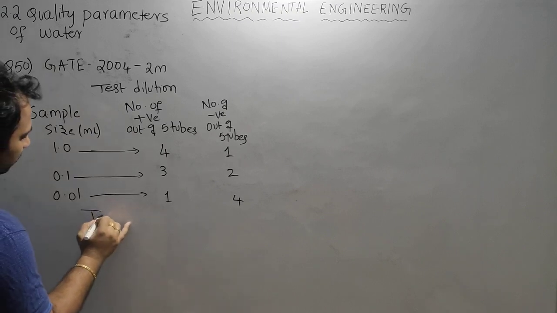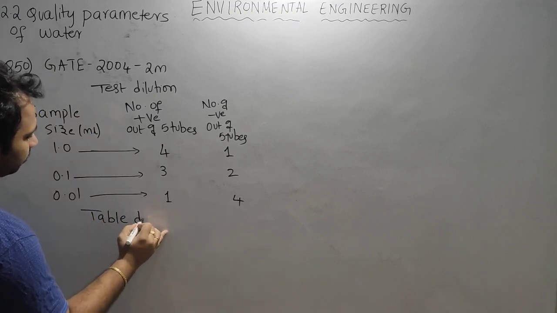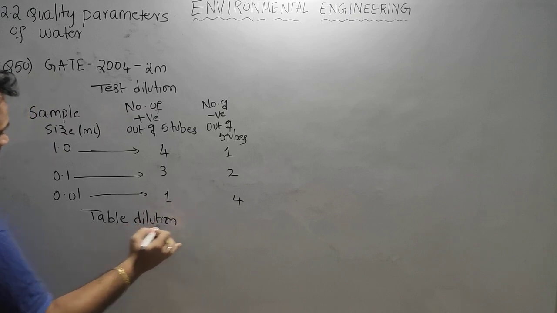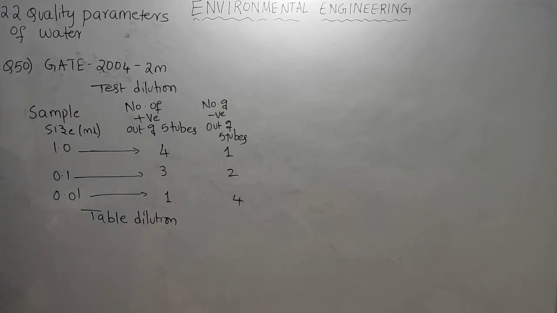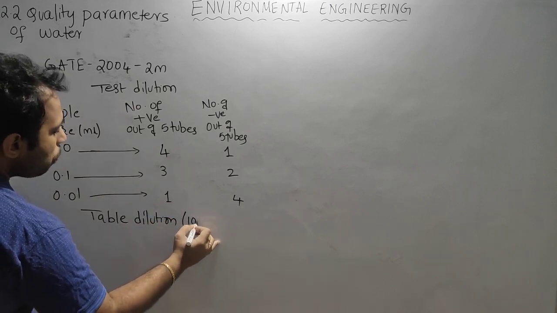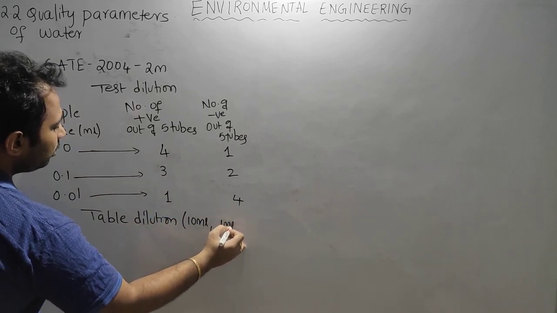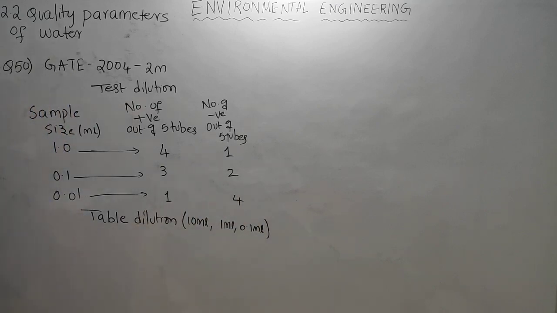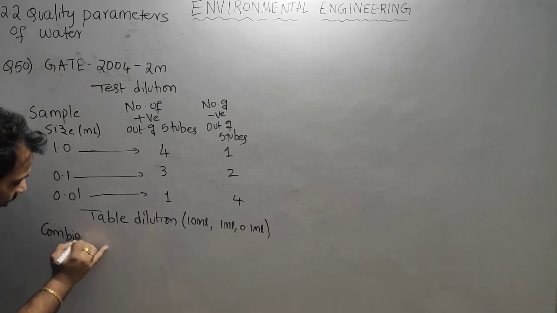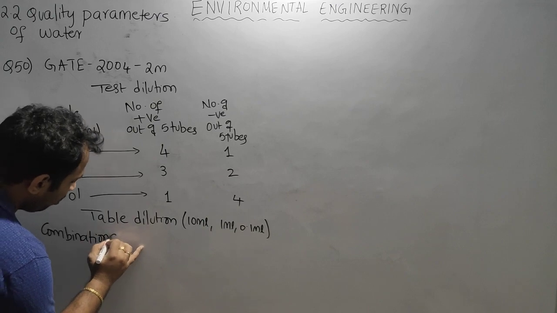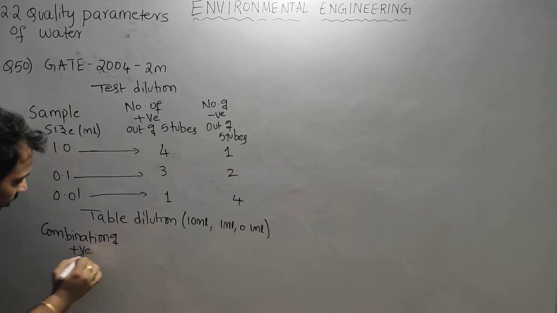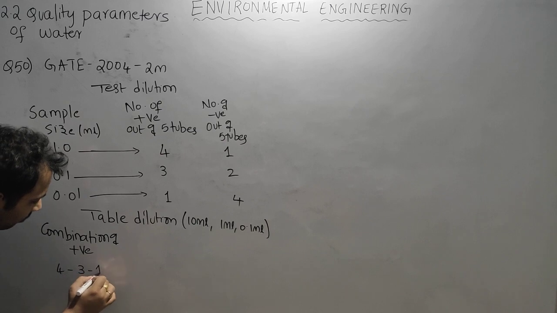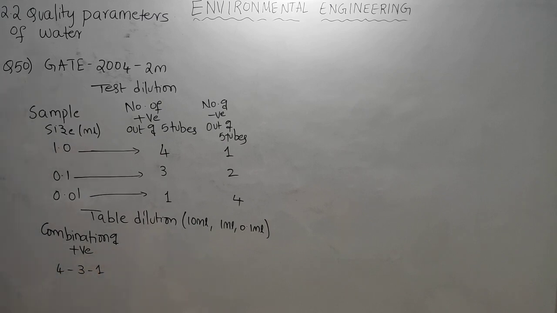This is table dilution: 10 ml, 1 ml, 0.1 ml. With these dilutions, the chart gives combinations of positives: 4, 3, 1, and 4, 2, 1.